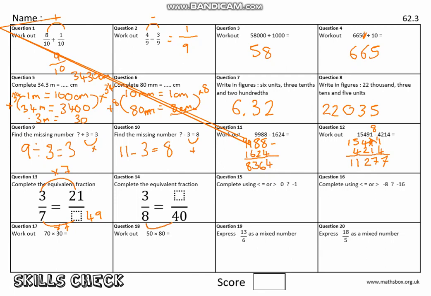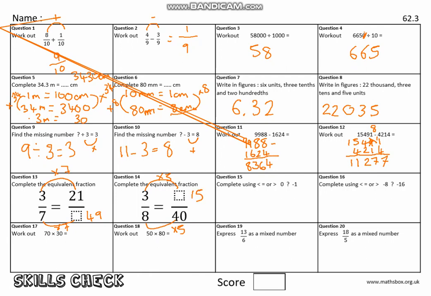And we're going to do the same here, but this time our denominator is the same, okay? So we've got to ask ourselves, how did we get from 8 to 40? Now in this case, to get from 8 to 40, we timesed it by 5, okay? So if we times the bottom by 5, we've got to do the same to the top. So we're going to do 3 times 5, which is 15.